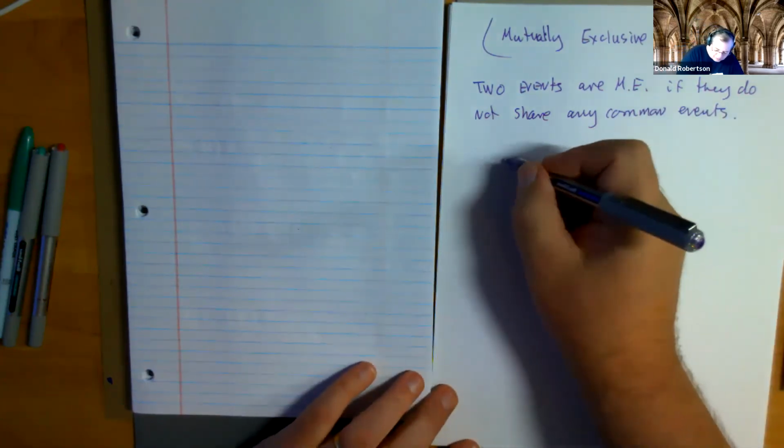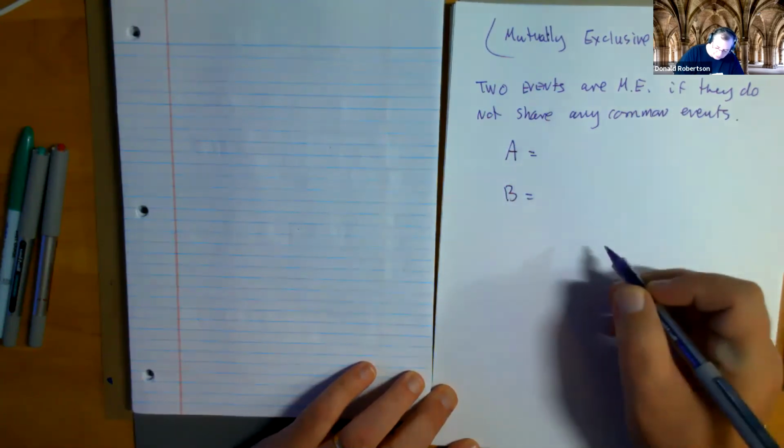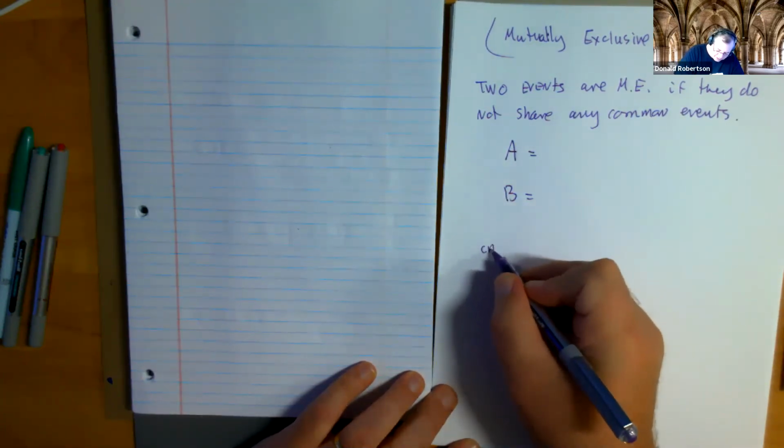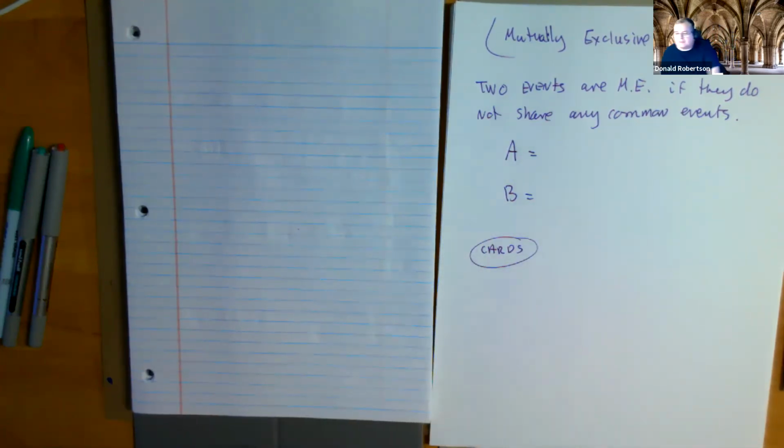So let me give you an example of two events that are mutually exclusive. I'm going to use cards, because cards are very good for these kinds of stories. Do I need to spend a little bit of time going over the structure of a deck of cards, or are you all familiar with it? Okay, here goes.